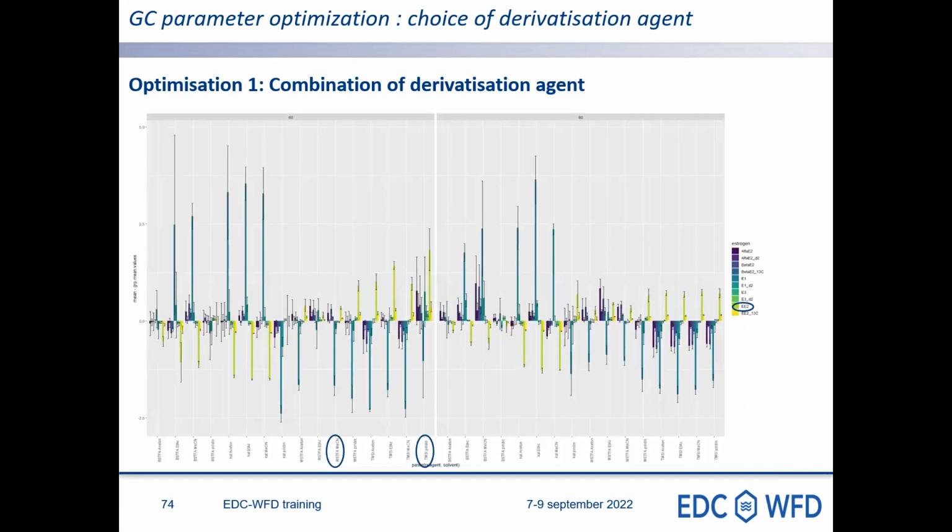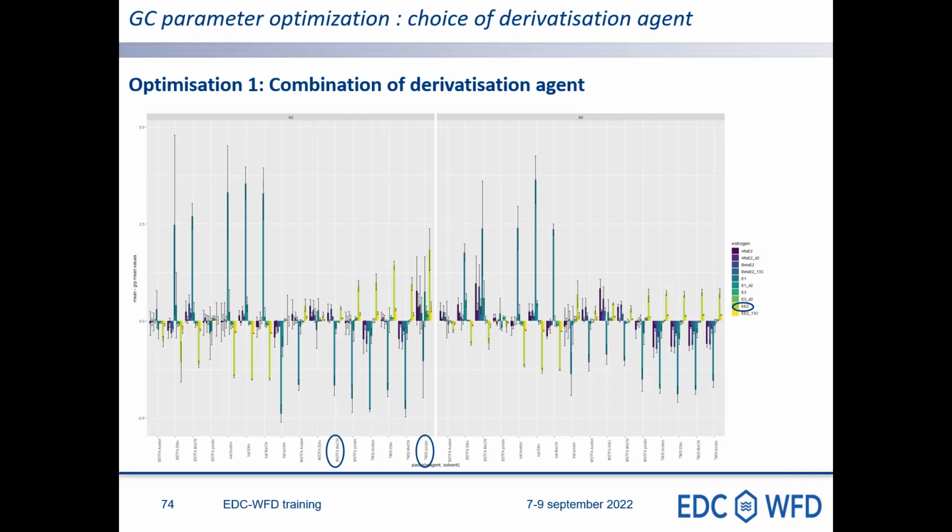The graph is showing the ratio of the average response of the compound at a specific condition divided by the average response of the compound in total conditions versus the derivatization condition.